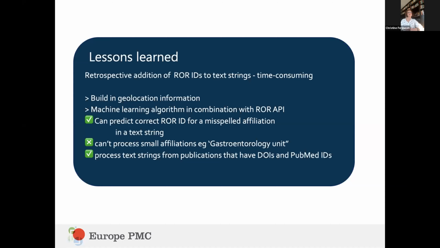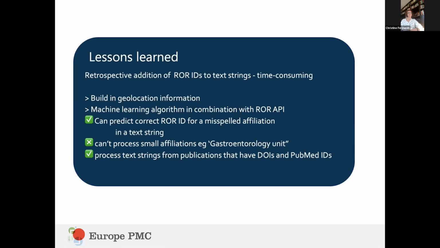So as soon as you include the town or the city that the organization exists in, we were able to then use a machine learning algorithm in combination with the ROR API, which is provided by the community, and found that this approach can predict the correct ROR ID even for a misspelt affiliation in a text string.